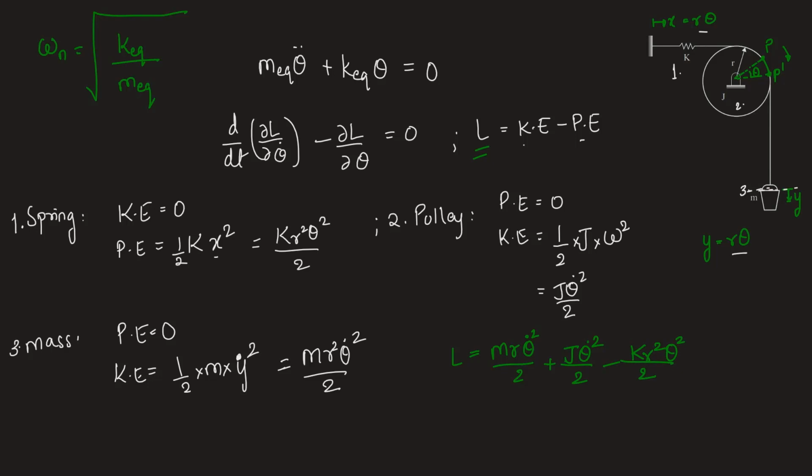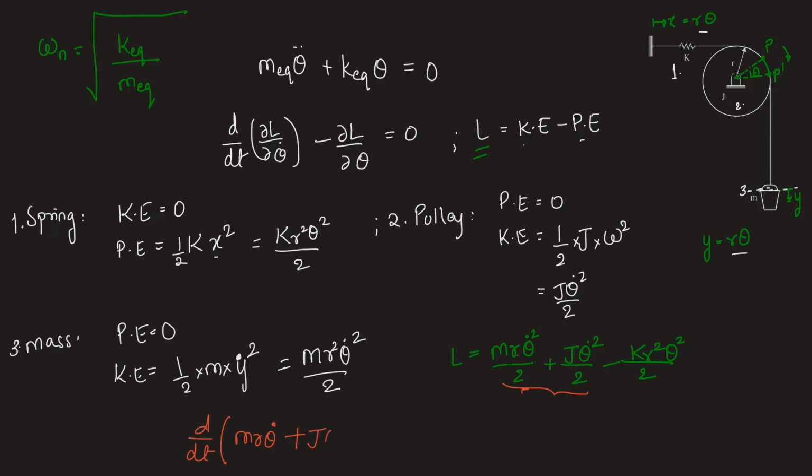Formulating the equation of motion, we will have time derivative of dou L by dou theta dot. So this will be applicable only to the first two terms. Last term does not contain theta dot. Derivative of the first term with respect to theta dot will be 2 times m r square theta dot by 2. So we have m r square theta dot plus derivative of the second term will be 2 times J theta dot by 2.